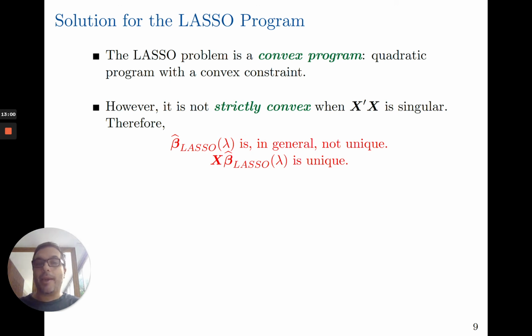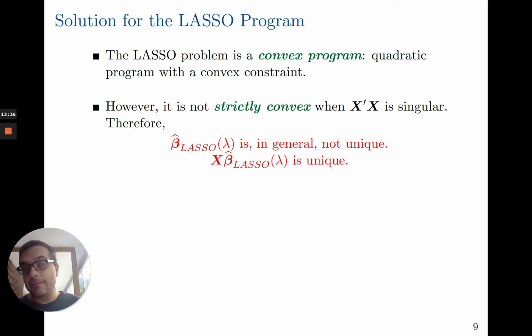And X prime X will be singular whenever p is larger than T, or of course if you have multicollinearity, right? So therefore, in general, the beta hat lasso, the solution to the lasso program, is not unique. So we may have many parameters that solve the lasso program, okay?